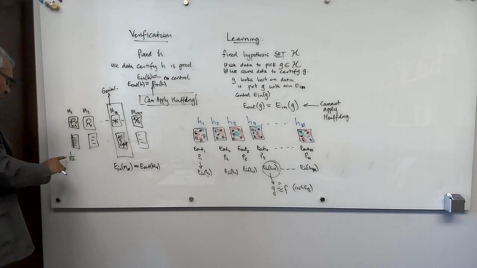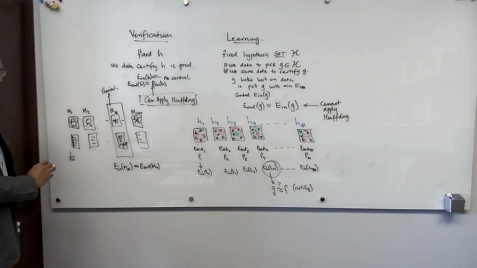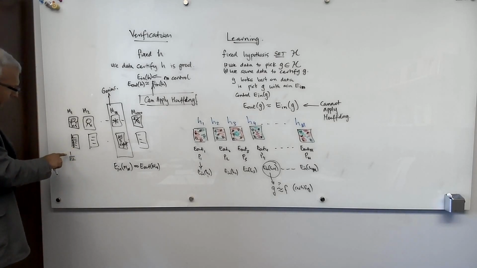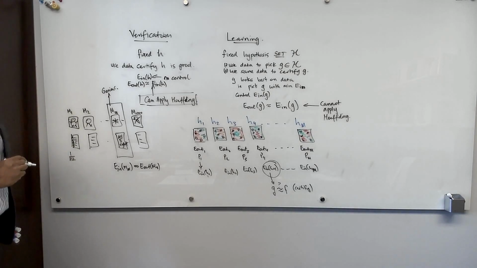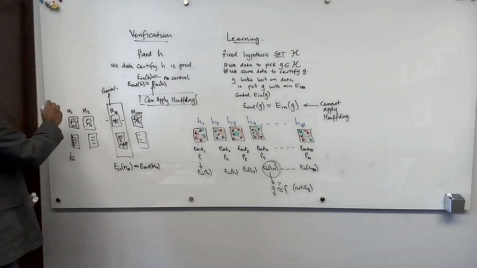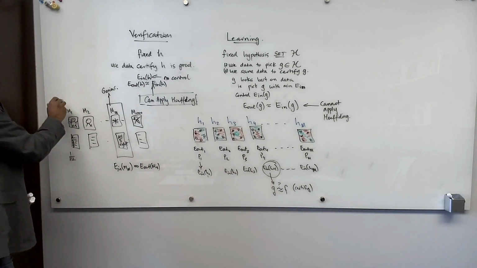With small probability, this monkey will get everything right. With small probability, this monkey's in-sample error is different from its true intellect. Its true intellect is just random, 0.5.